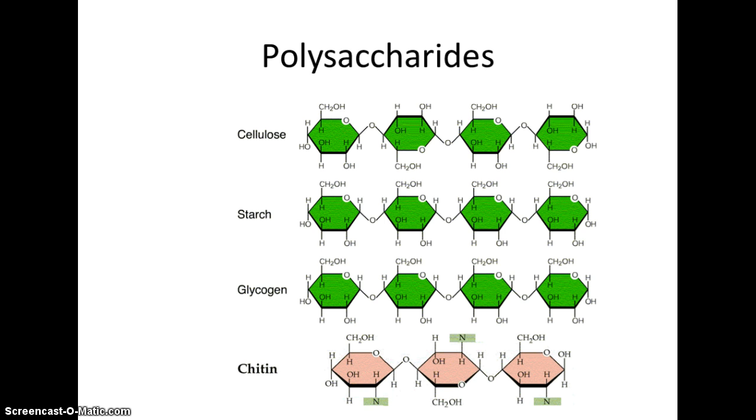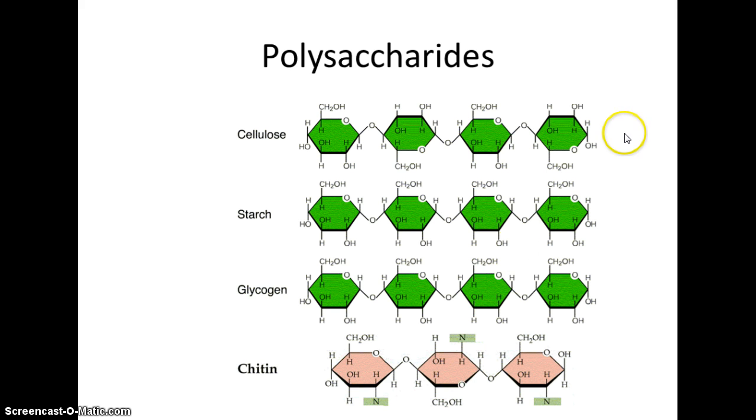Cellulose, starch, and glycogen are all polysaccharides, and chitin, which is found in the exoskeletons of arthropods, has a nitrogen source connected to the sugars, and you can see they're a little bit different in arrangement and type, and that chitin becomes a very hard material that makes up that exoskeleton.